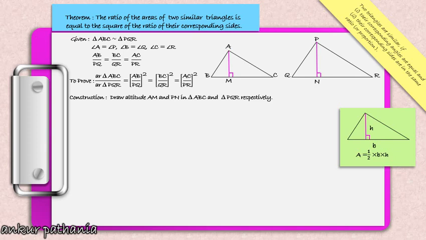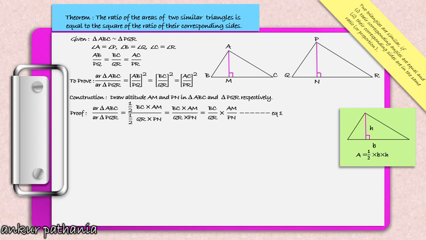Now again moving to the left hand side of the condition which we have to prove, that is area of triangle ABC upon area of triangle PQR. Now area of triangle ABC is equal to half BC multiplied by AM, where BC is a base and AM is an altitude.